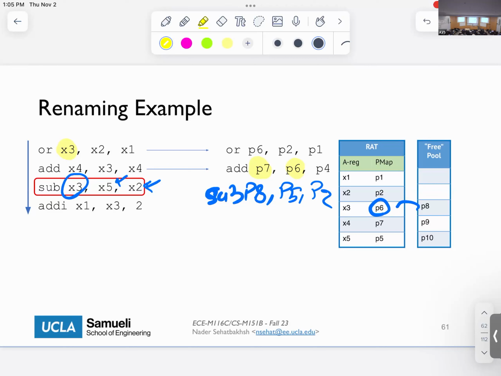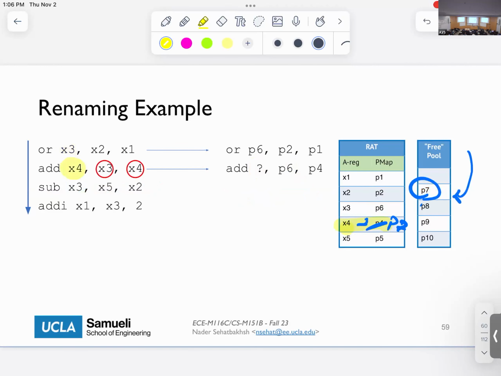The question is, when I'm replacing this, for example, looking in this table here, when I'm replacing this P4 with P7, what happens to P4?